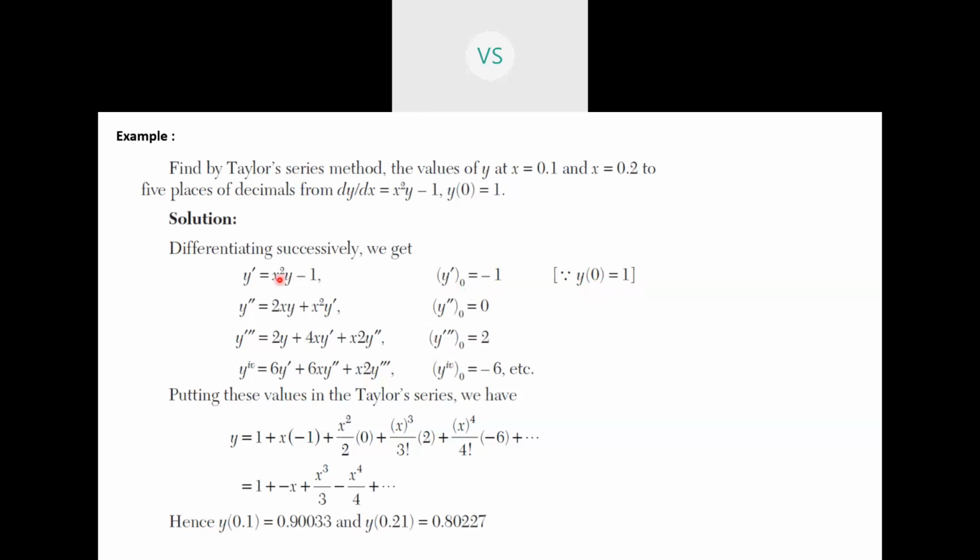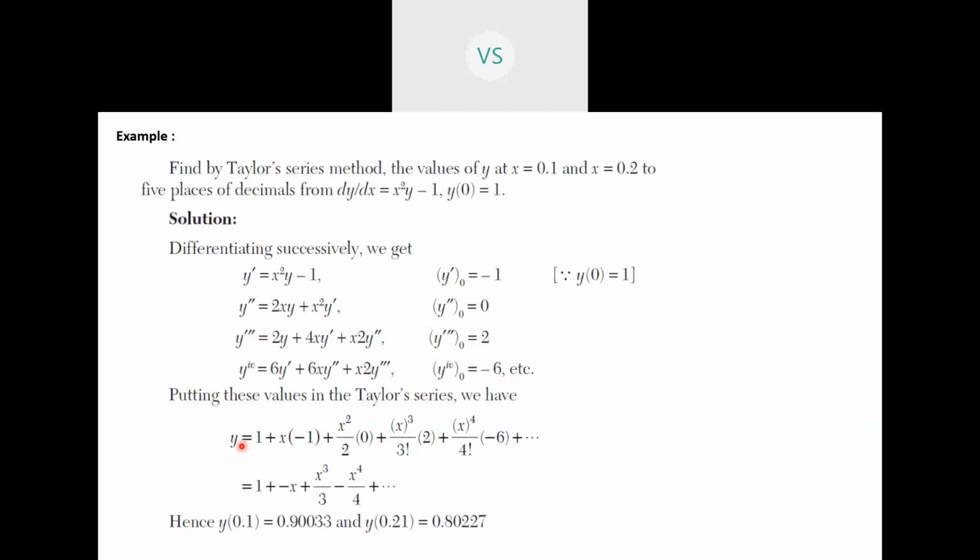When you substitute x equal to 0 and y equal to 1 in all these equations, you get y dash at 0 as minus 1, y double dash at 0 equal to 0, y triple dash equal to 2, and y4 equal to minus 6. So here you can obtain the value of y now.